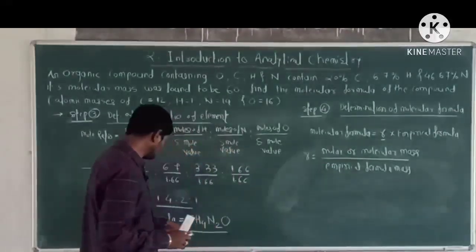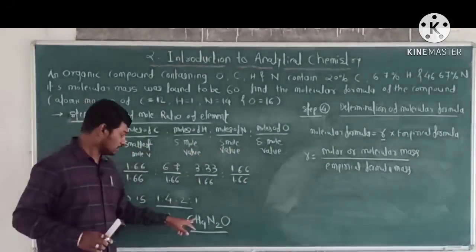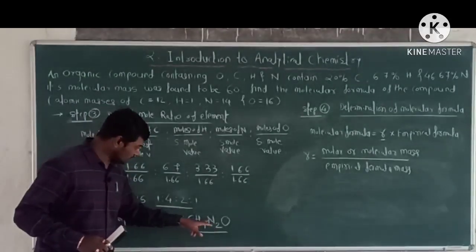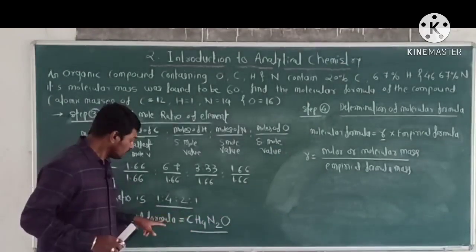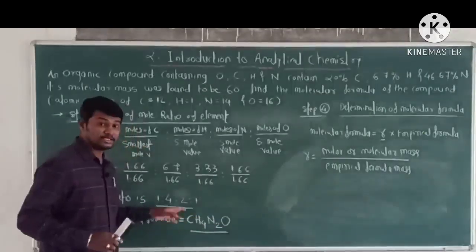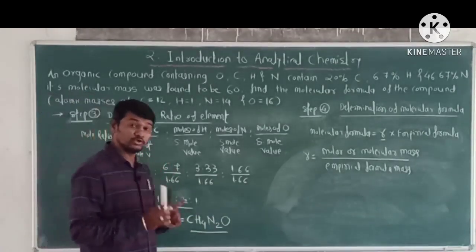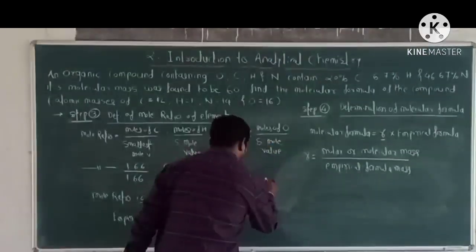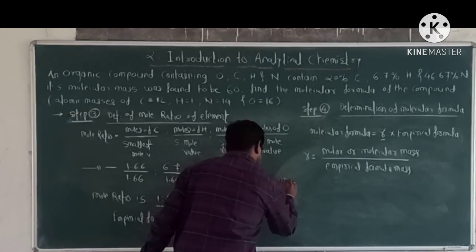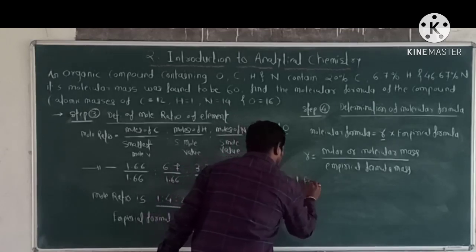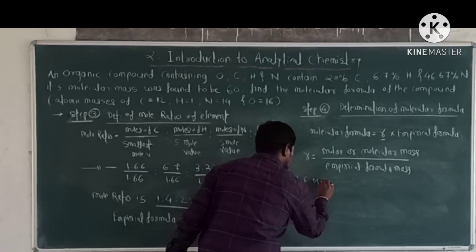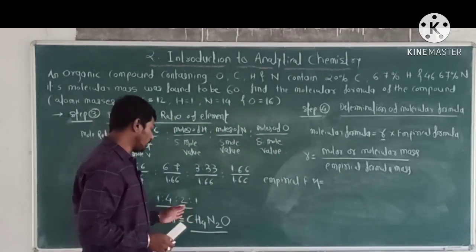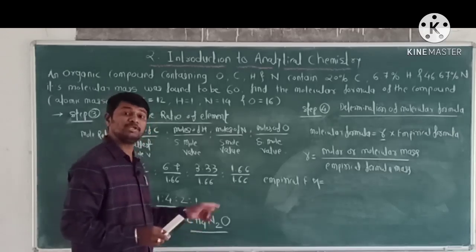The empirical formula is CH4N2O. Now the atomic masses of these elements are added to one another so as to give the empirical formula mass, which is equal to the sum of atomic masses of all elements present in the empirical formula.